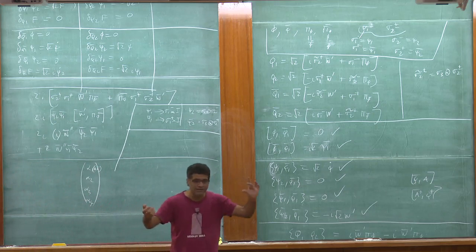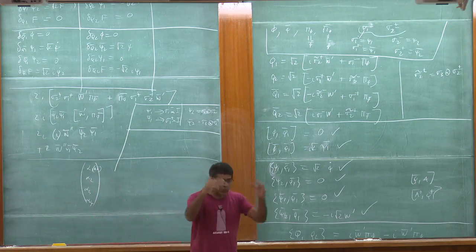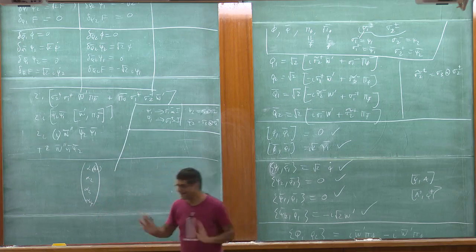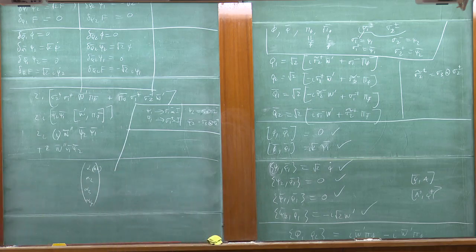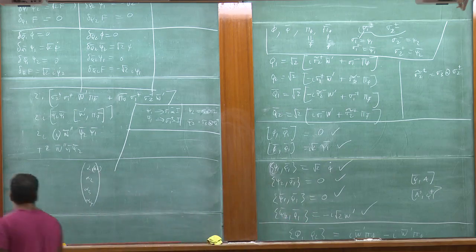There's a 2-component and there's x. What does it mean? The Hilbert space is 2 functions, each of x. It's like that. Okay, good. Excellent. So let us keep going.